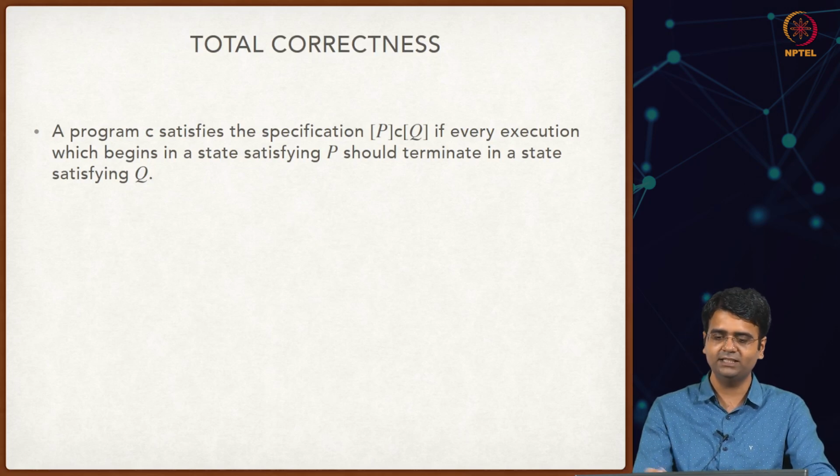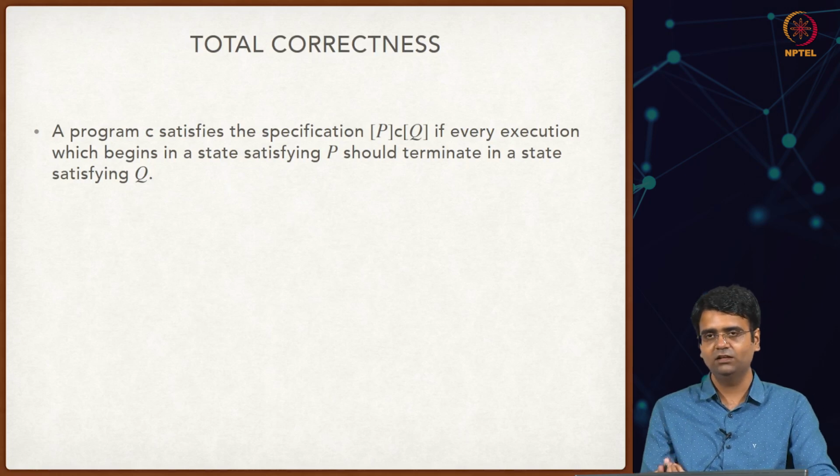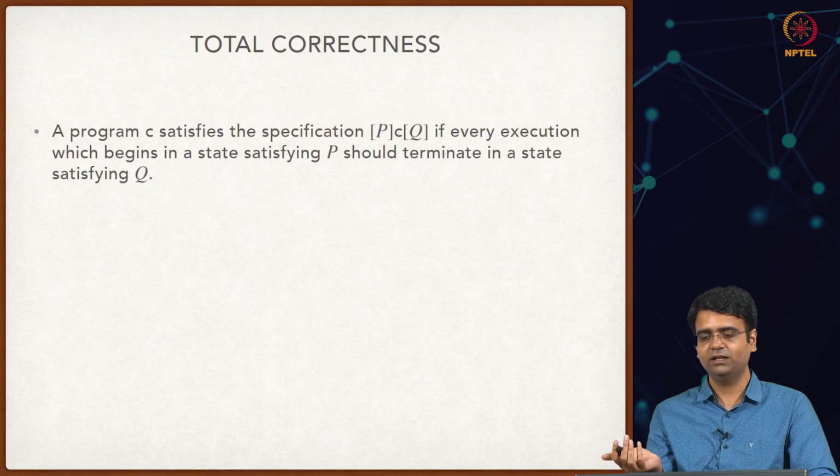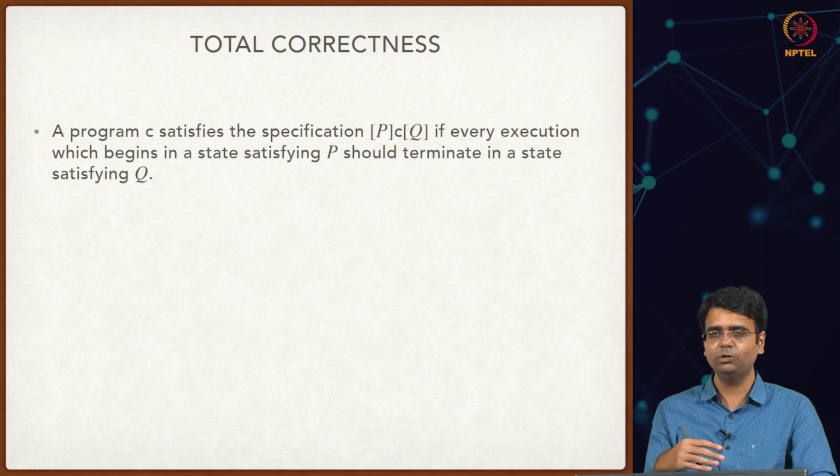So we want to say that whenever you start the execution in a state which satisfies the formula P, then the program should definitely terminate, which means that in a finite number of steps the program itself should be converted into skip, and the state should satisfy the formula Q. So this is what we want to express.